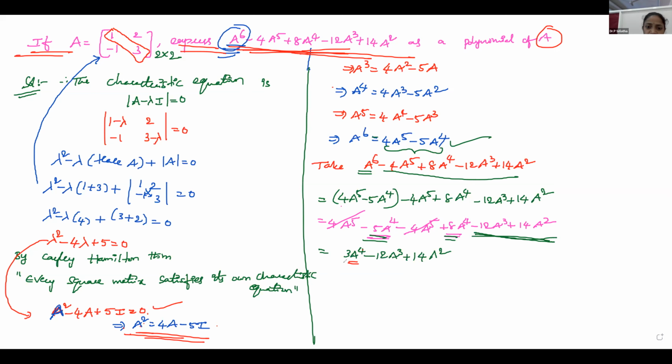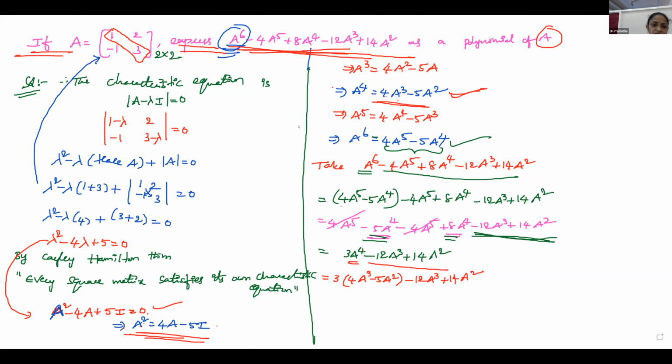Now I am substituting a power 4 value. So what is a power 4? A power 4 is nothing but 4a cube minus 5a square. So 3 into 4a cube minus 5a square, and the remaining polynomial is minus 12a cube plus 14a square, isn't it?